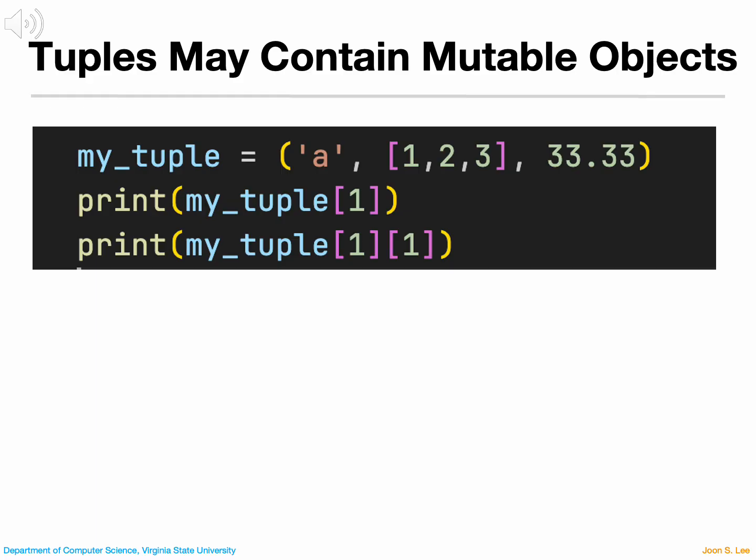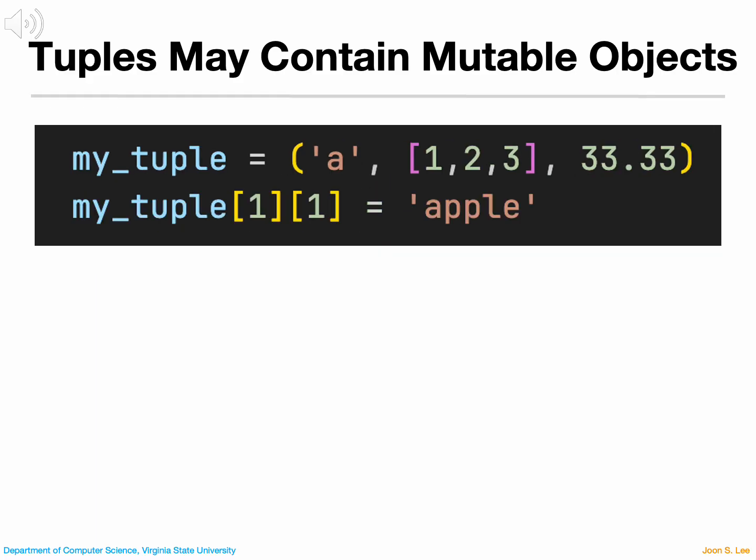Then when we print my_tuple at index 1, 1, we're actually accessing the second item of that list, which is the number 2. This demonstrates that while you can't change the tuple structure, meaning you can't replace or remove elements, you can modify the contents of any mutable objects stored inside it, like lists. So tuples themselves are immutable, but the data they hold might not be.